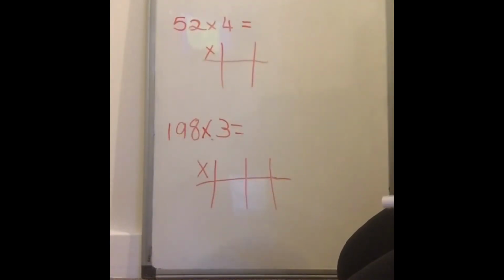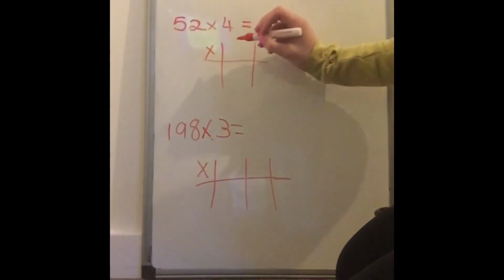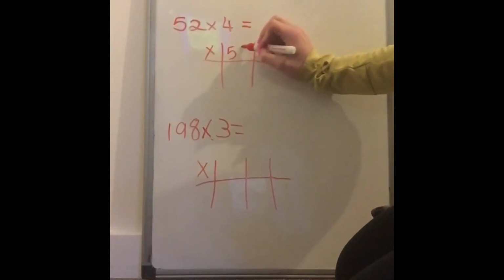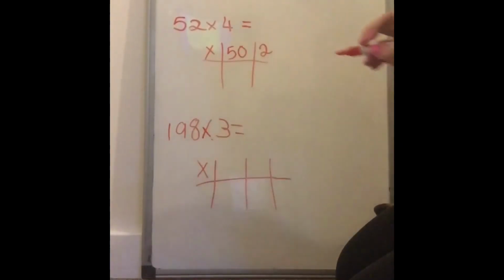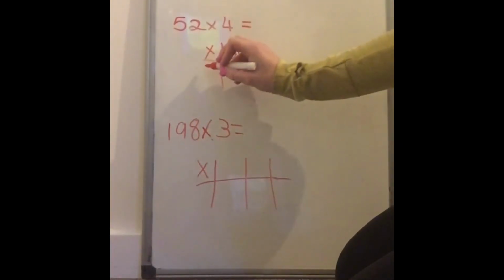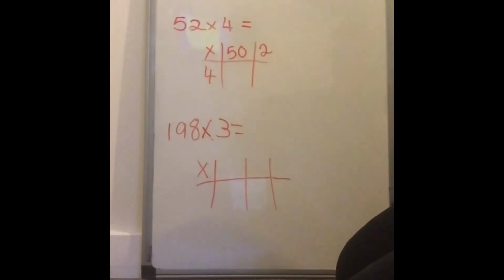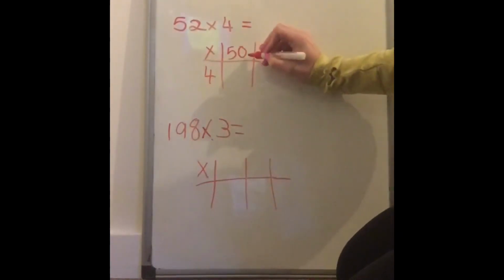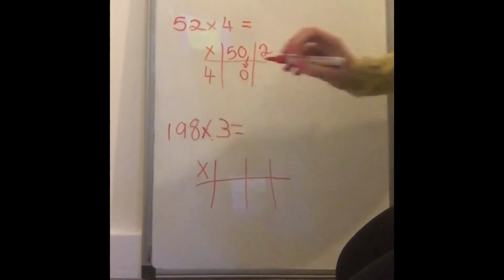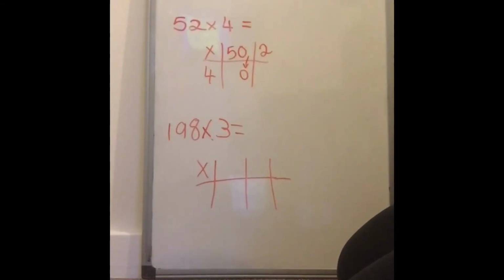Okay, so I'm going to start with the first one, which is 52 times by 4. We start by partitioning. I'm going to partition 52 into a 50 and a 2. And we are timesing by 4. So I'll put a 4 down there. Now we're going to do our super secret 0 step, where we move our secret 0 down here, which makes the maths a bit easier for us for the time being.